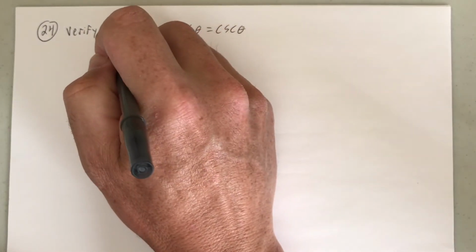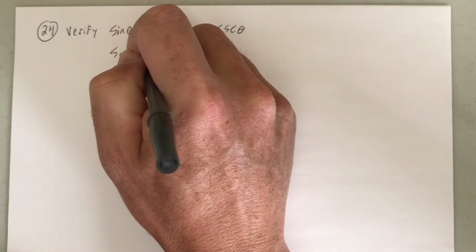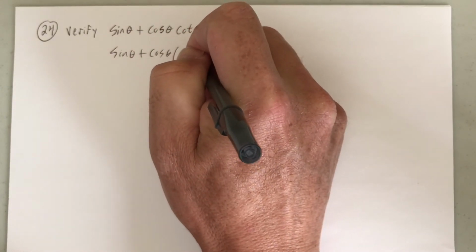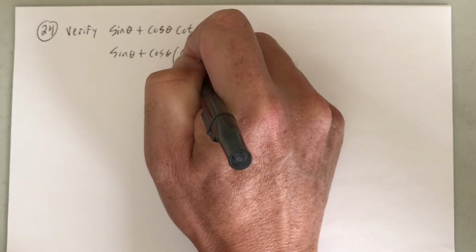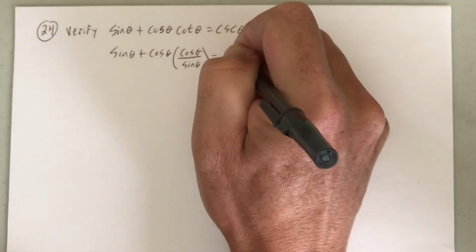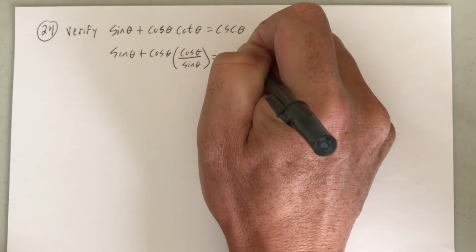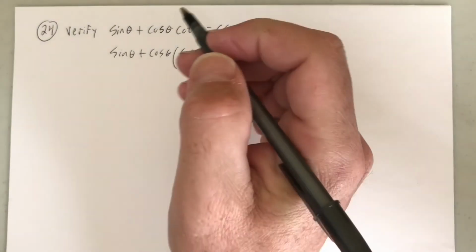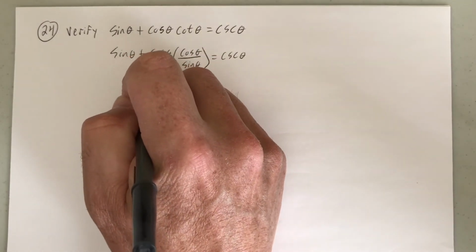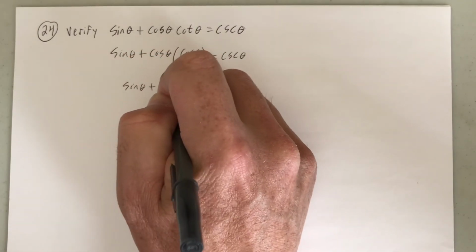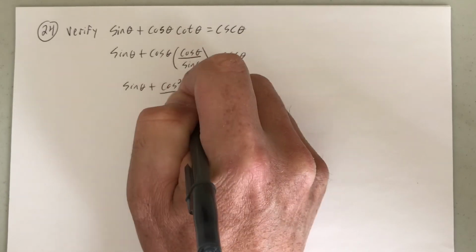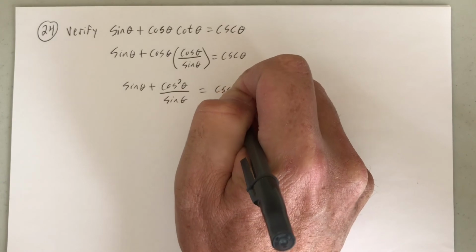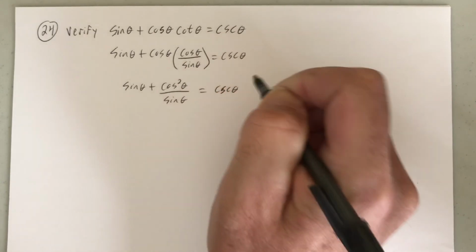So when I do that, I get sine theta plus cosine theta times cosine theta over sine theta is equal to cosecant theta. So now if I go ahead and just multiply this together, that's going to give me sine theta plus cosine squared theta over sine theta is equal to cosecant theta.